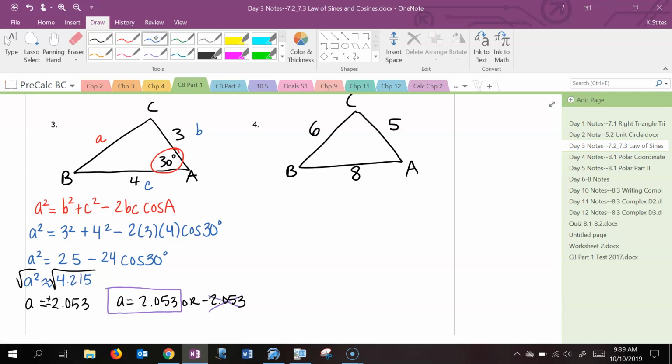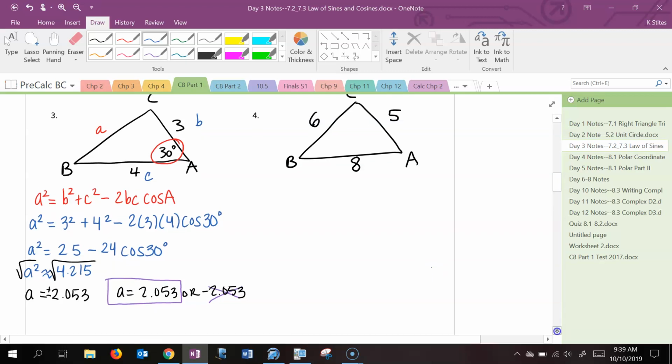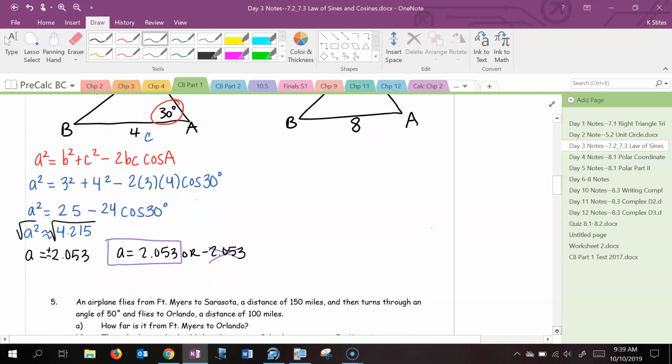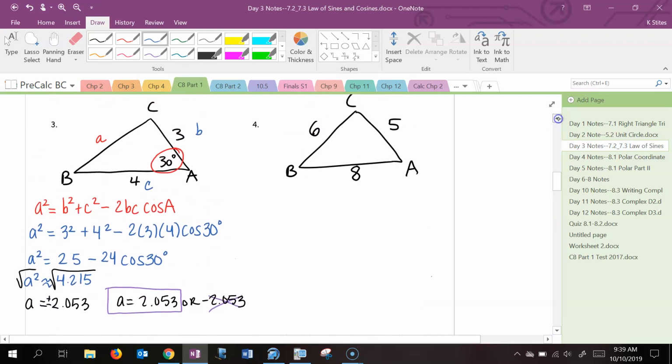All right. So, that was just A. We still need to find B. So, oh wow, I took up all the space there. Let me fill this in, 2.053. All right, I guess I'm going to write smaller for the next problem. So one thing that I want you to notice is technically speaking, you do now have a matching angle and side, right?